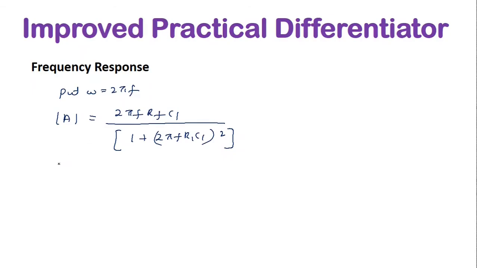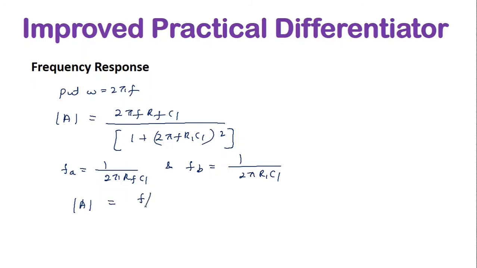Now we define one frequency fa. fa is equal to 1 upon 2 pi RF into C1, and another frequency fb is equal to 1 upon 2 pi R1 into C1. When we put these values here, we will get magnitude of gain is equal to f upon fa divided by 1 plus f upon fb whole square.